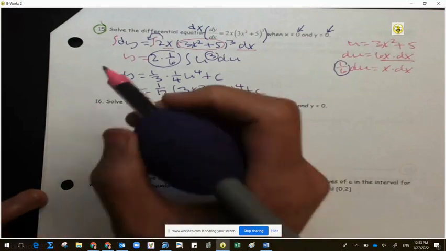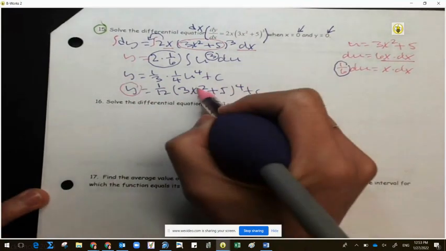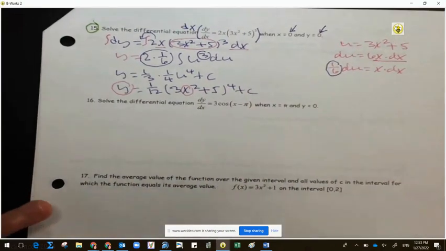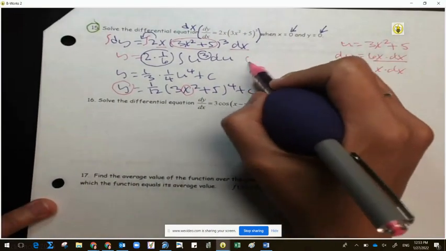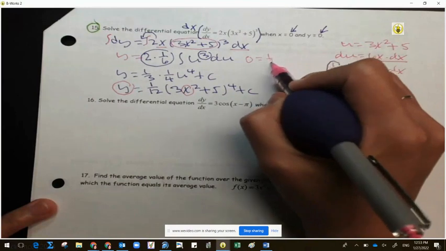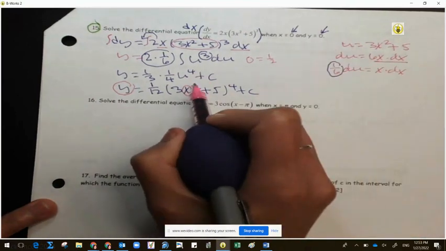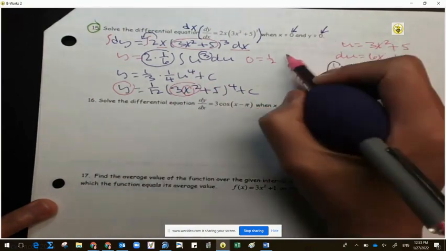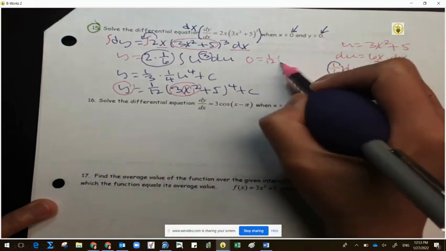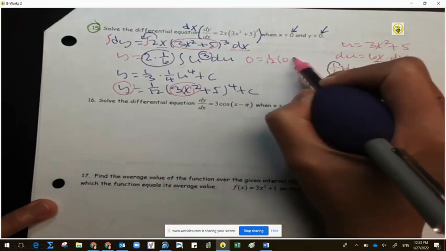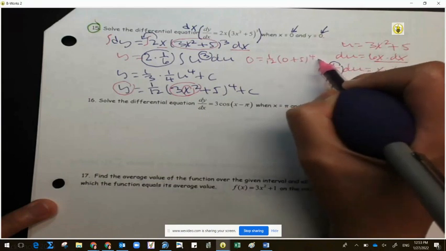Now let's plug them in. Y is equal to 0, x is equal to 0. And it's going to look kind of messy, and that's okay. 1 over 12. Are y'all okay if I just eliminate this and just write 0? Yeah? Does everyone go with that? Plus 5 to the power of 4 plus c.